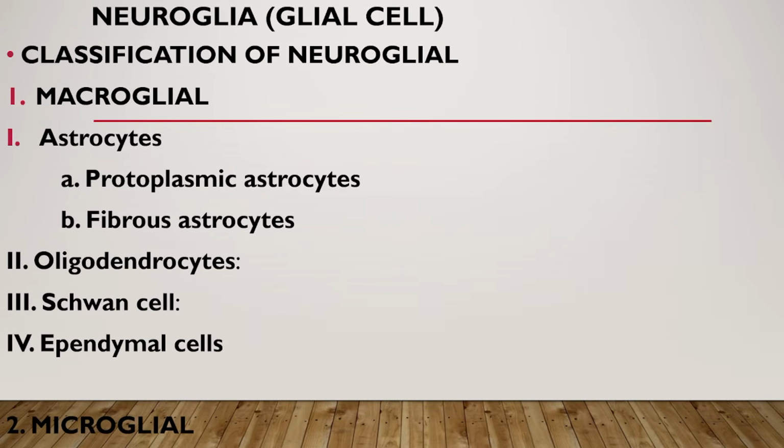Okay, let's look at the neuroglia, which is the second aspect of the nervous tissue. We have just summarized the neurons. Now let's look at the neuroglia, also known as the glial cells.